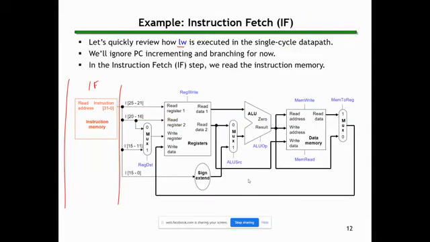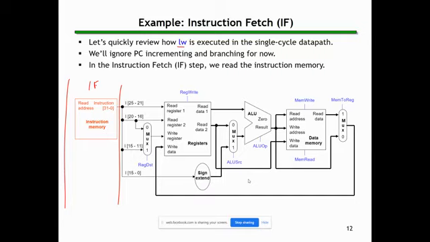Now, gradually, I would like to explain things to you. We have instruction fetch as the first step, with an example. Let's quickly review how LW is executed in the single cycle data path.